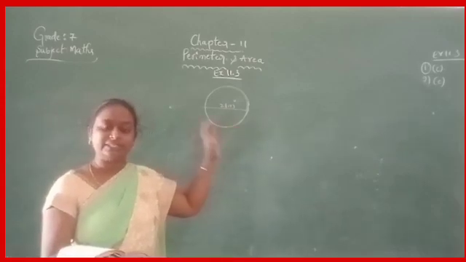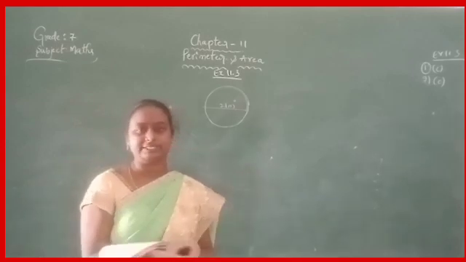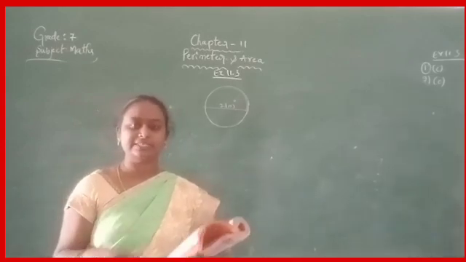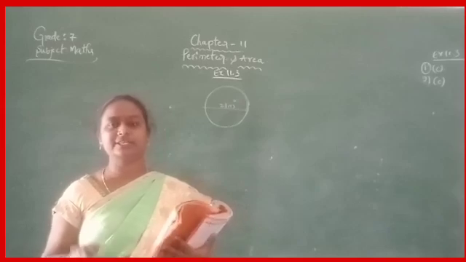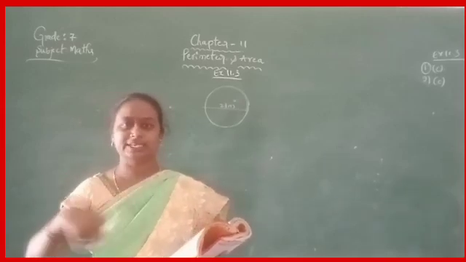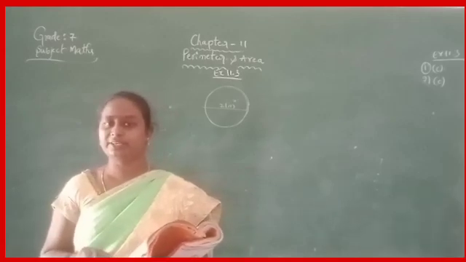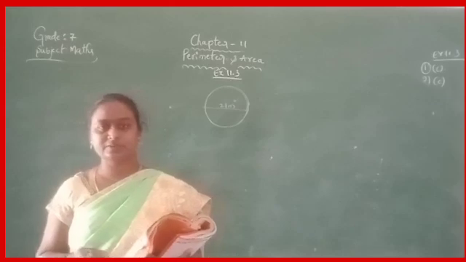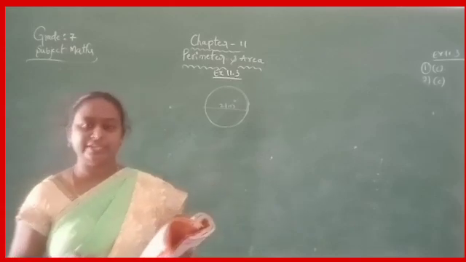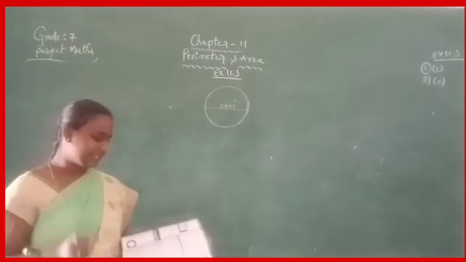Then further, how much length of the rope he needs to purchase. First, fencing means compulsory we have to find the circumference. Fencing means total length. So at that time, you have to remember, when the word fencing appears, compulsory find the circumference.